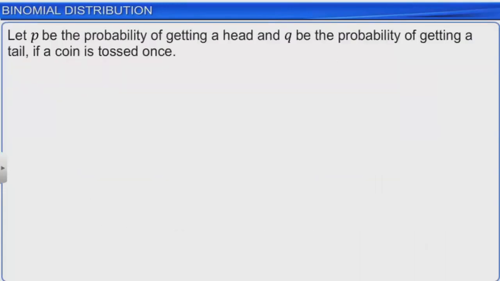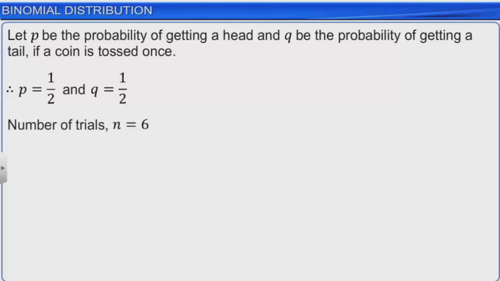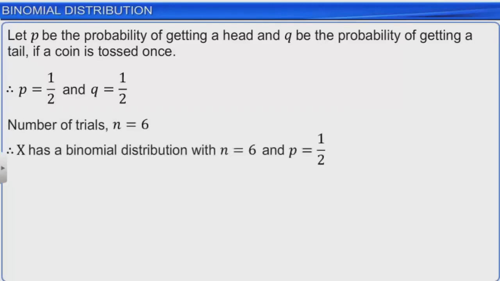Let p and q be the probabilities of getting a head and a tail, respectively, if a coin is tossed once. Therefore, p is equal to 1/2 and q is also equal to 1/2. Since the coin is tossed 6 times, the number of trials is equal to 6. Therefore, X has a binomial distribution with n equal to 6 and p equal to 1/2.